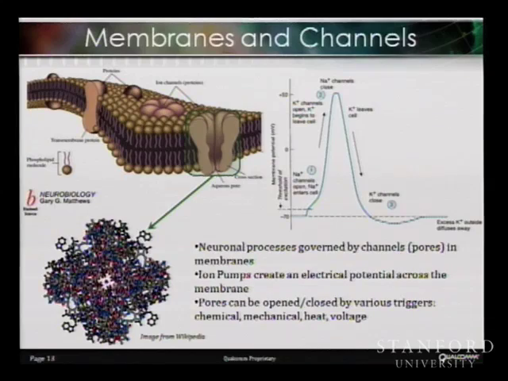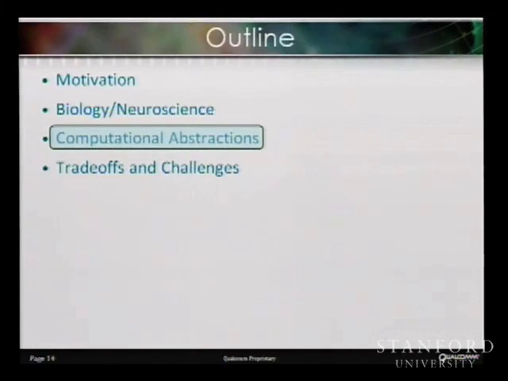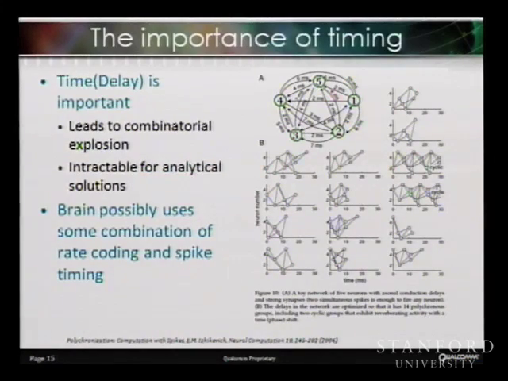So we think we want to abstract it away to some level where it retains as much of its useful properties as possible. That is a delicate balancing act. One of the abstractions: neuroscientists are divided into two camps, or at least most of them are. Some of them are believers in what's called the rate code, and others are in spike timing.